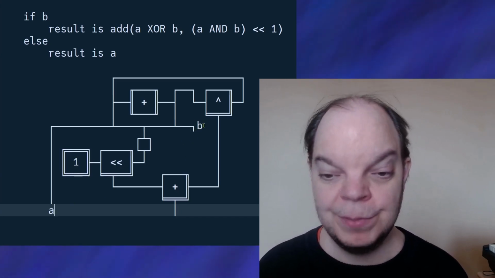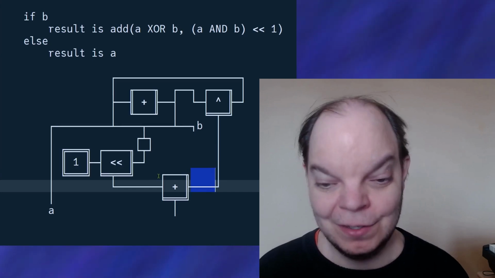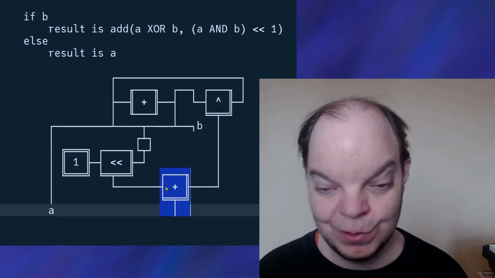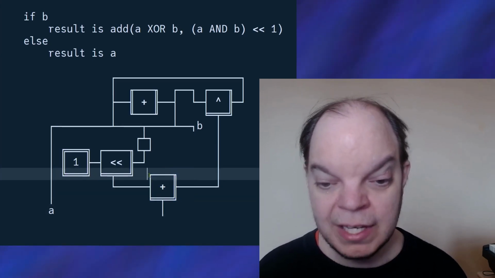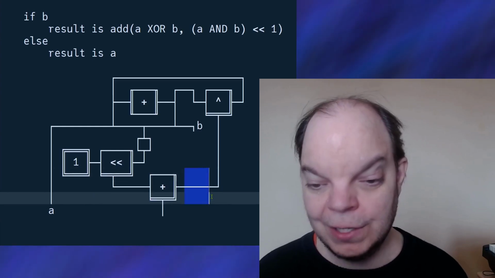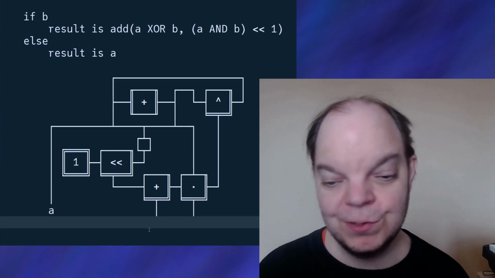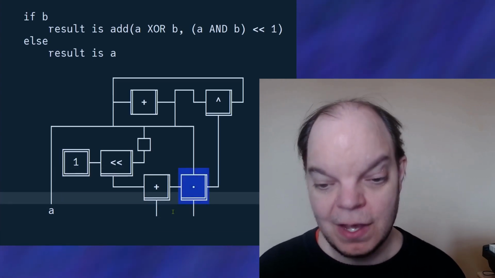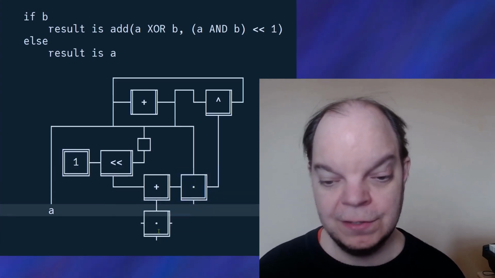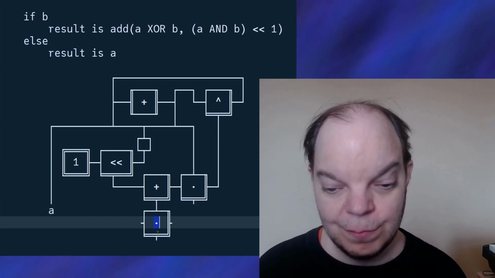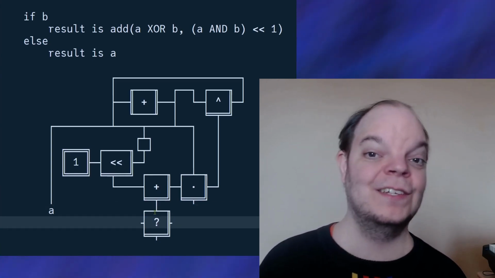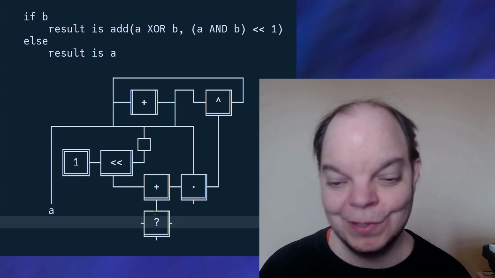So we need the b to cross this wire. So I'm just going to move this over a little bit, and then we're going to add the wire crossing function that we wrote earlier. Okay, so now all that's left to do is to add the question mark function. I'm going to put that function right here under the plus function because that is exactly where the then branch will go.